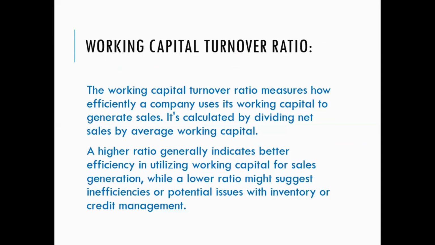Working capital turnover ratio. The working capital turnover ratio measures how efficiently a company uses its working capital to generate sales. It's calculated by dividing net sales by average working capital.